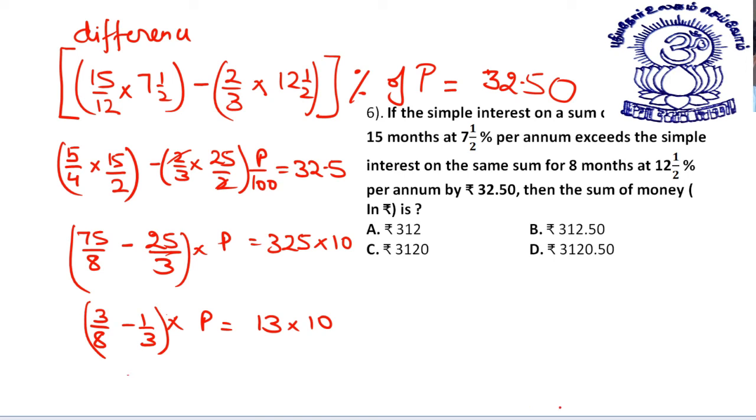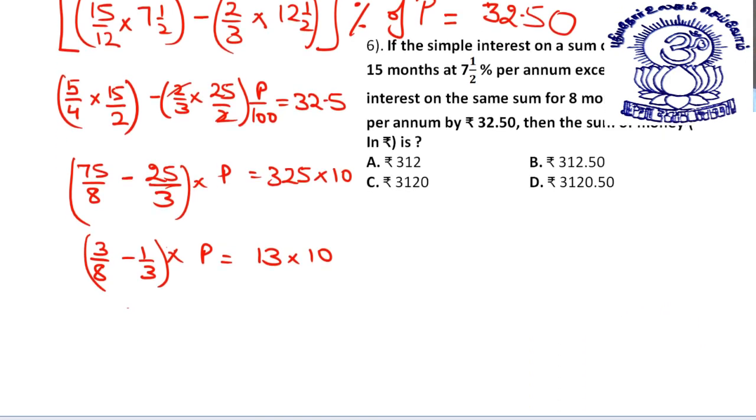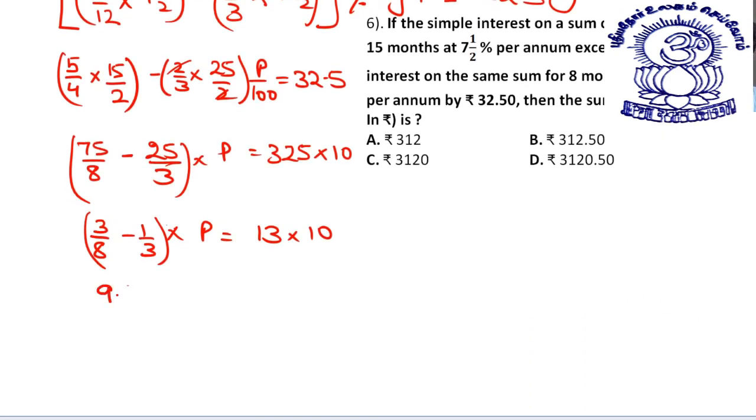So this now becomes 3 into 3 is 9, minus 8, by 24, into P is equal to 13 into 10.